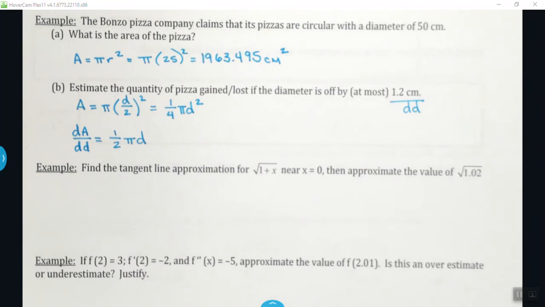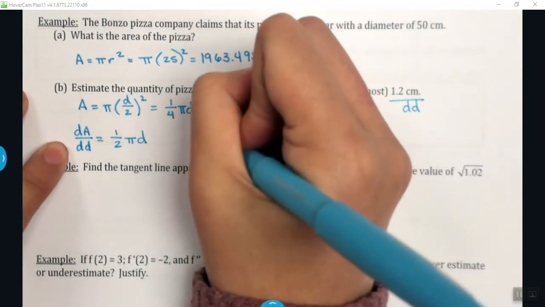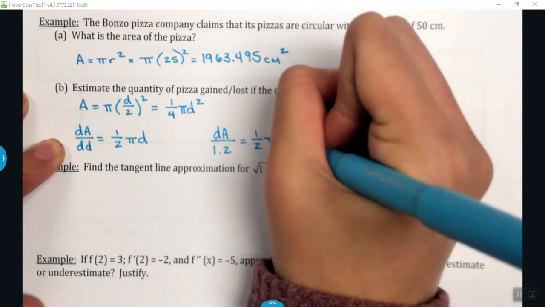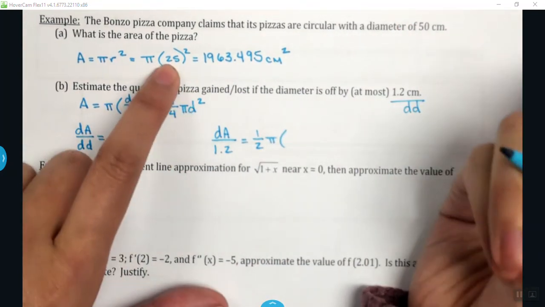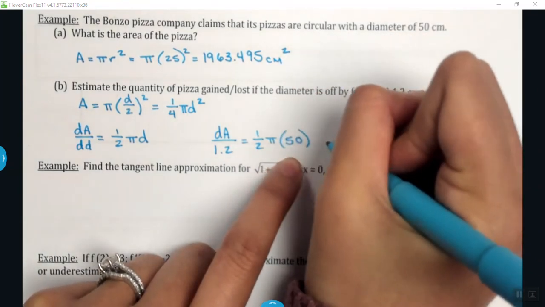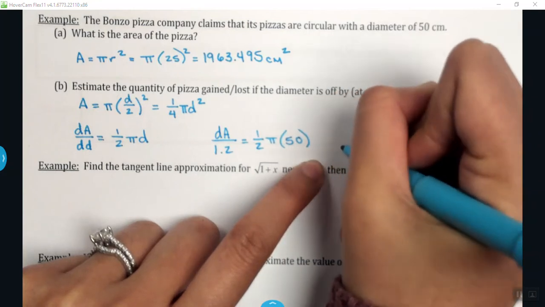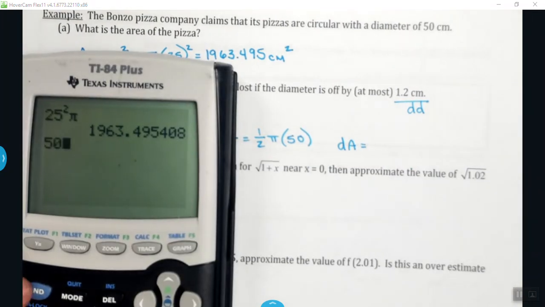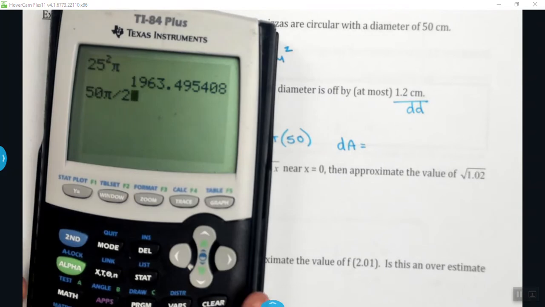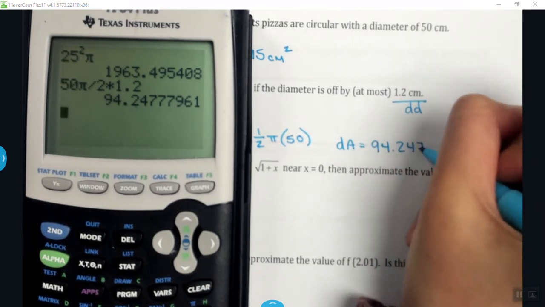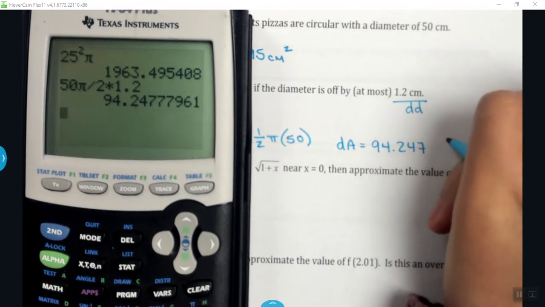If we plug that in for dD, and plug in 50 for d, not r, then dA will equal 94.247. I truncated.